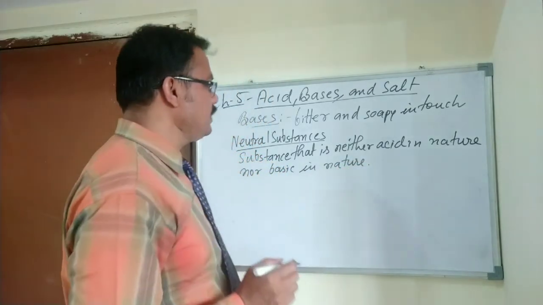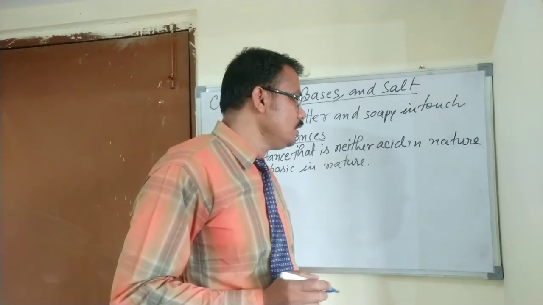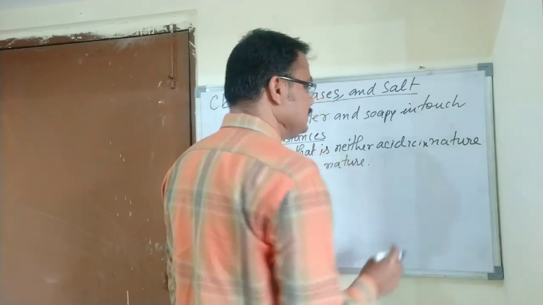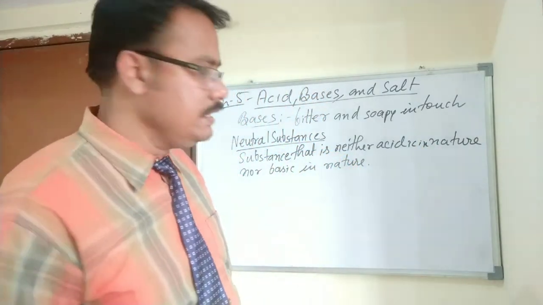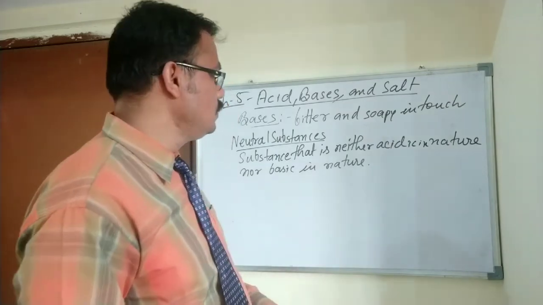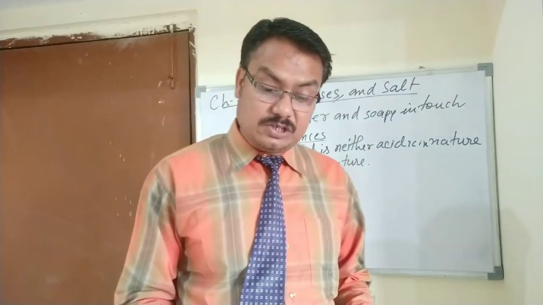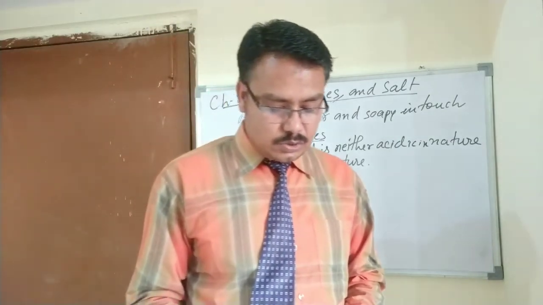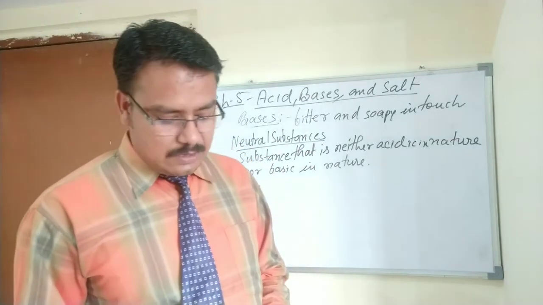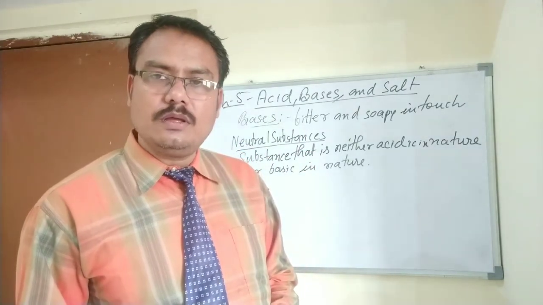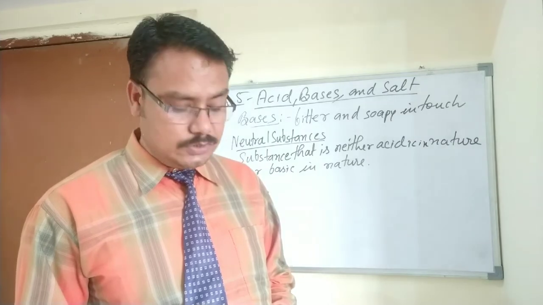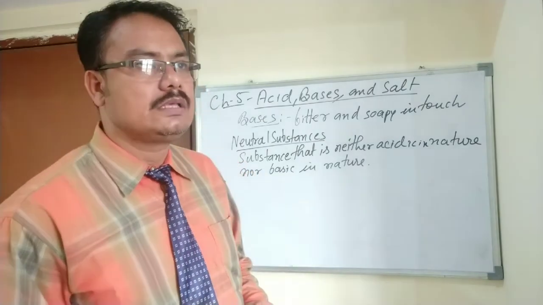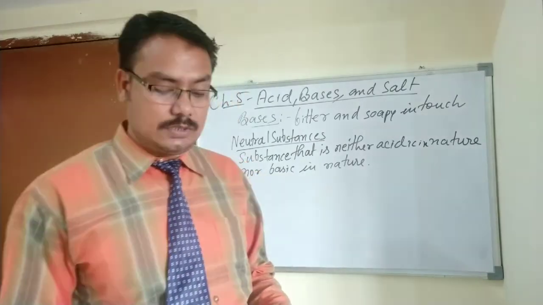The substances which are neither acidic nor basic in nature are called neutral substances. For example, pure water or distilled water, which is neither acidic nor basic, glucose, cane sugar and common salt are examples of neutral substances.